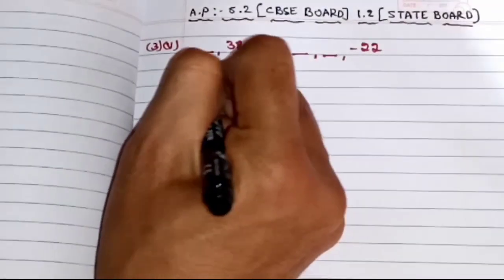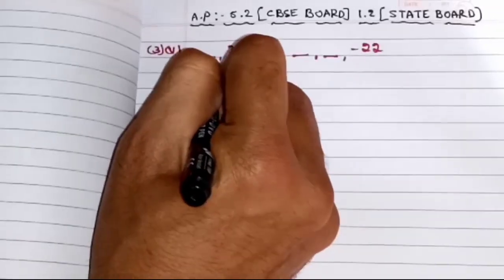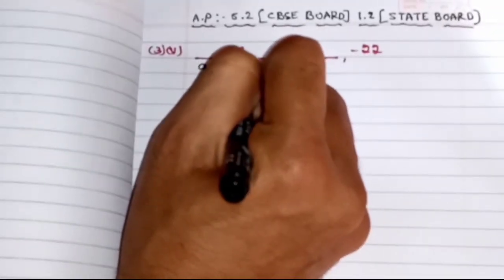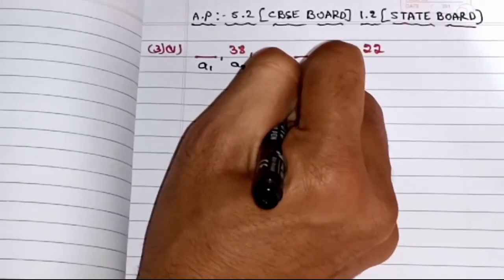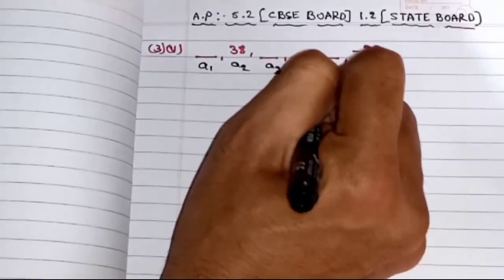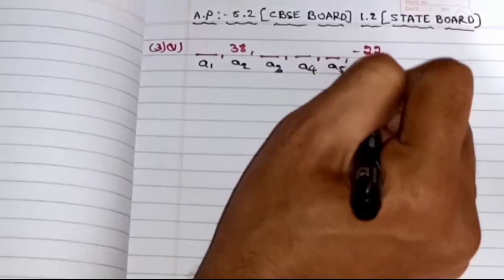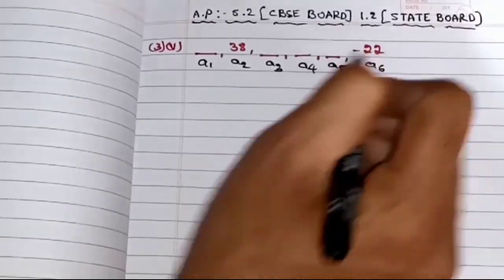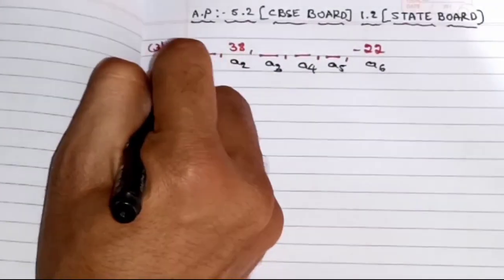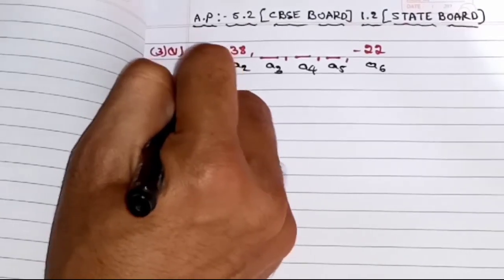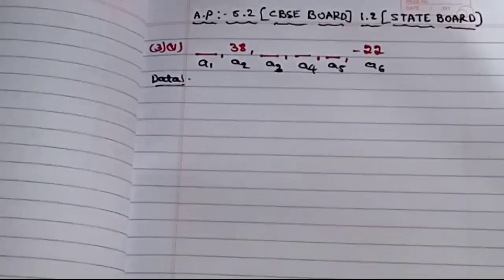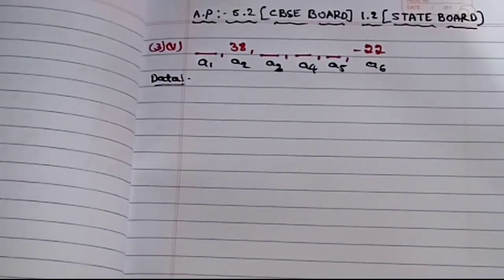First, you need to write down the given terms as a1, a2, a third term, a fourth term, a fifth term, and a sixth term. Okay. Now you need to write down the data. Whatever they have given, that you need to write down, and what you need to find out, that also you need to write down.